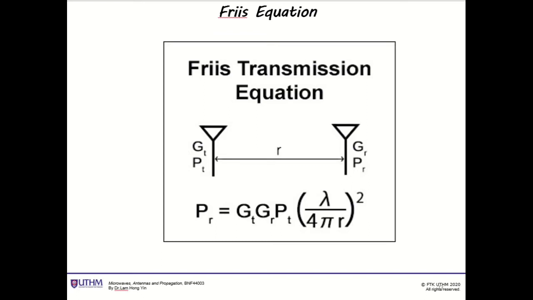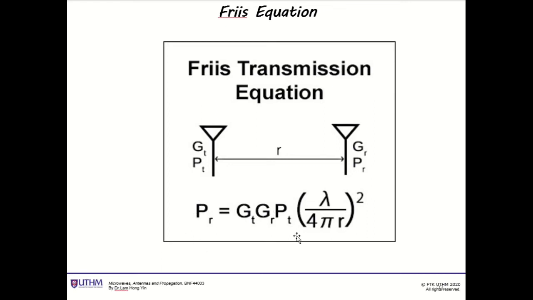Okay, and then we have the Friis equation that you also need to know. I think everyone knows this Friis equation. You already learned it in electronic communication systems and other subjects related to communication. So it is used to calculate or to determine the power received. For example, this is the transmitter and this is the receiver.